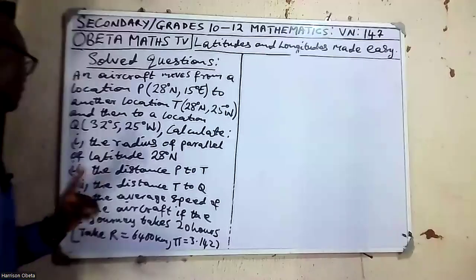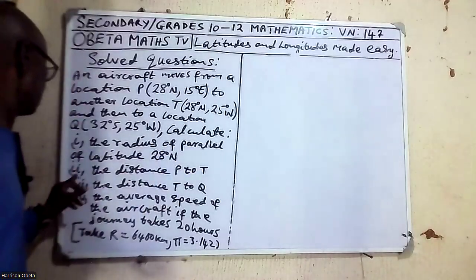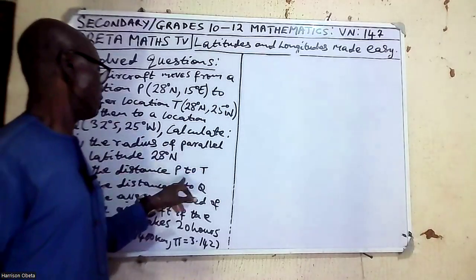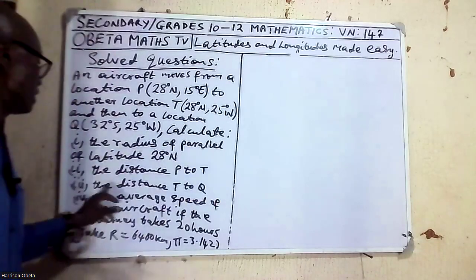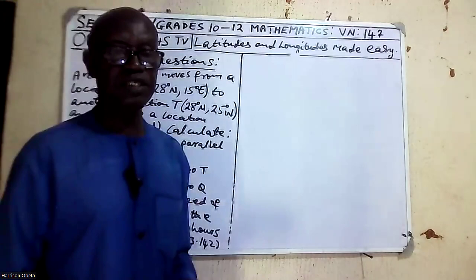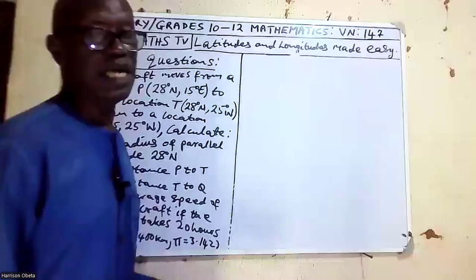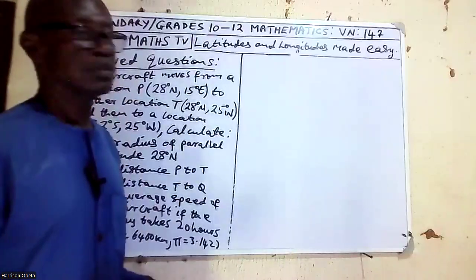We have to calculate first the radius of the parallel of latitude 28 degrees north, the distance P to T, and the distance T to Q, and then finally the average speed of the whole journey if the aircraft took 20 hours to cover the journey.